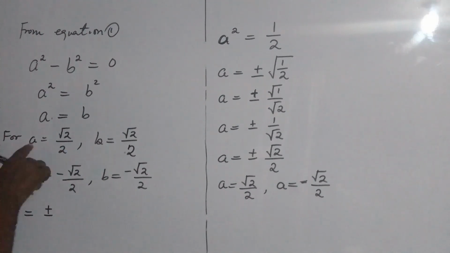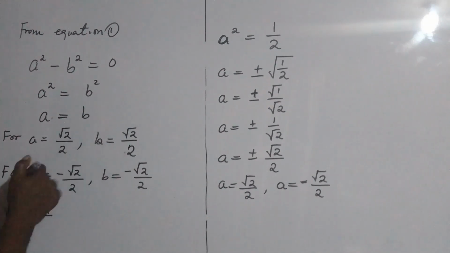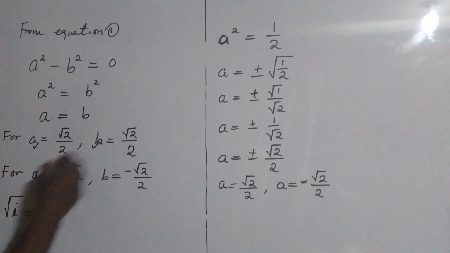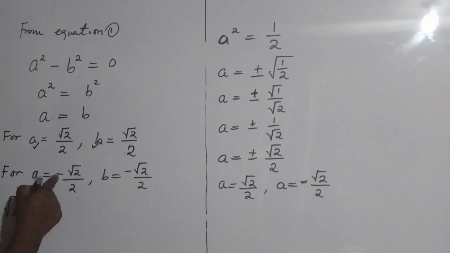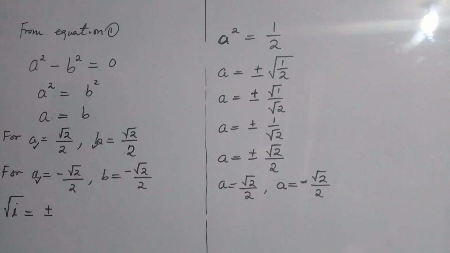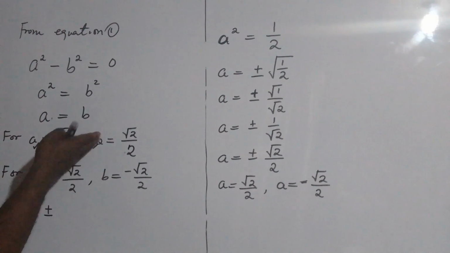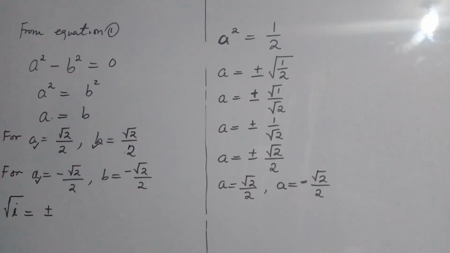If we take these two values together, if a is minus root 2 over 2, then b is also equal to minus root 2 over 2. So we can actually combine the two results, and that will give us the square root of i to be plus or minus root 2 over 2 plus root 2 over 2 i.